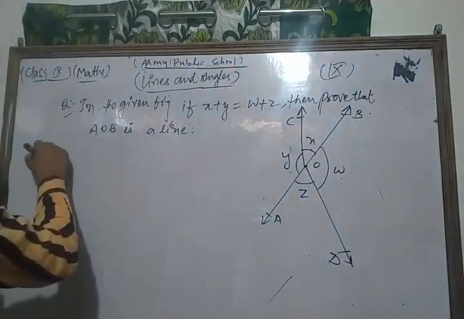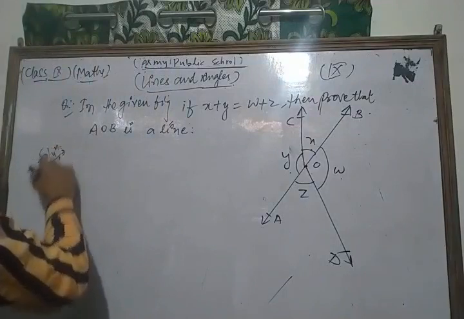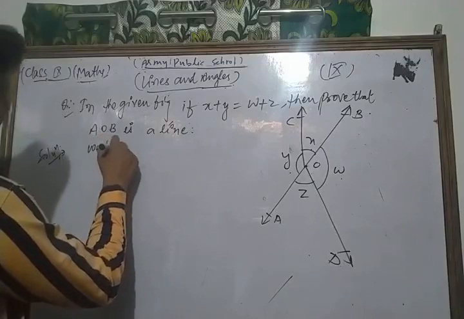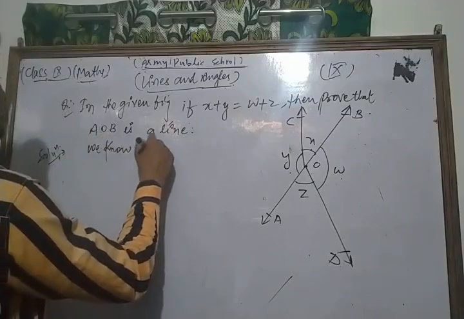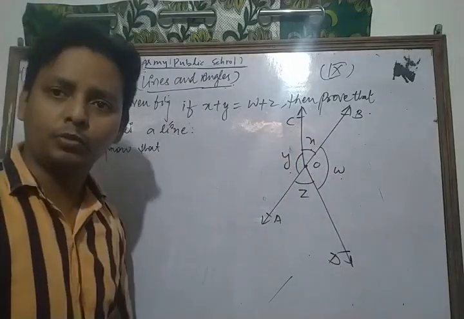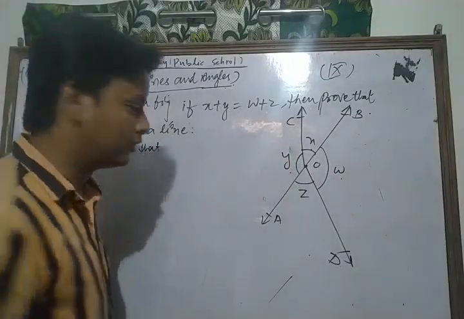Dear students, we know that the sum of all angles around a point is 360. So we write in this way.